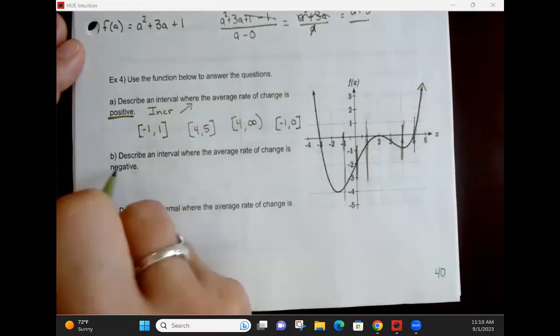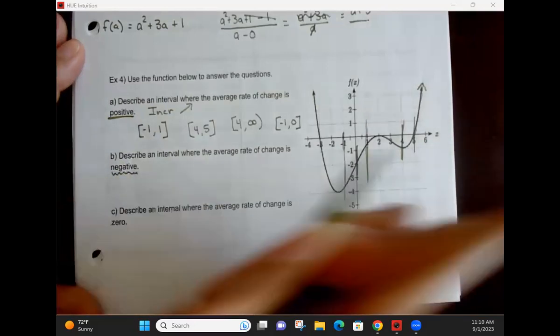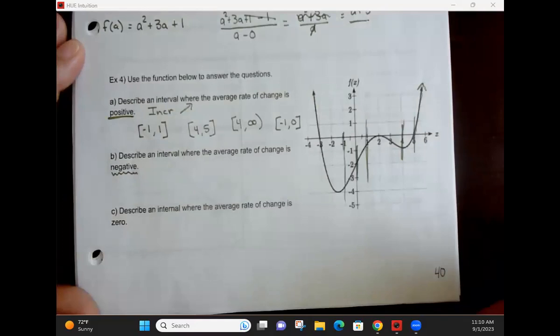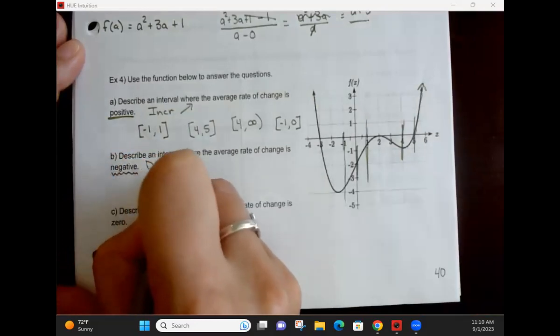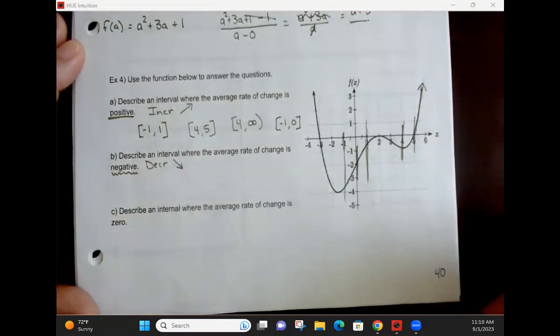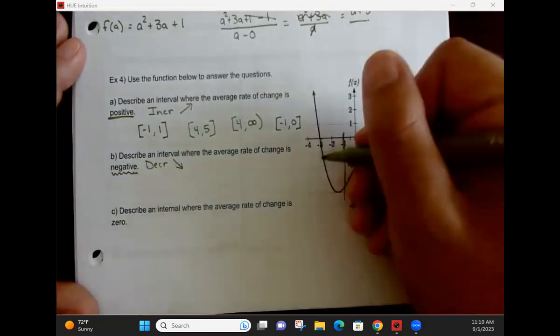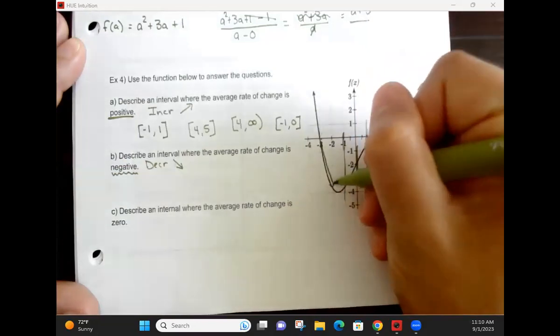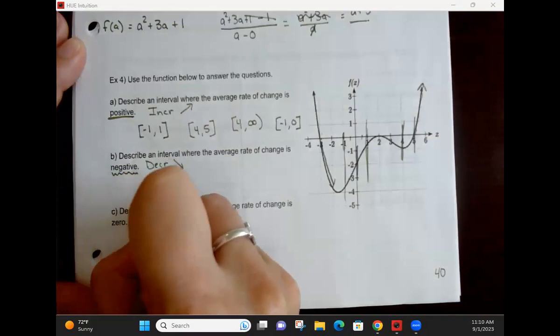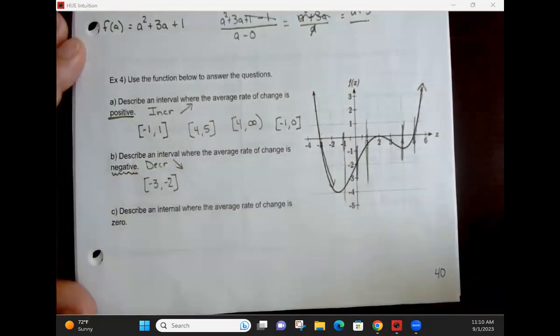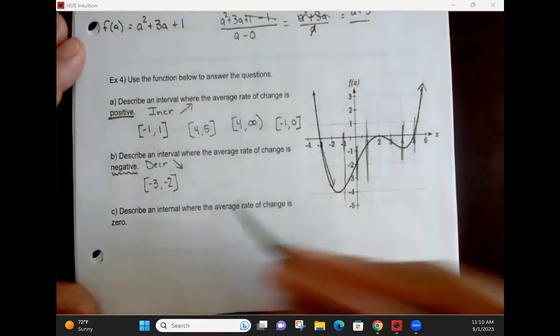What about an interval where the average rate of change is negative? So that means we have to be decreasing. -3 to -2? Sure thing. Give me one more. Anybody? From 3 to 4? 2 to 3?